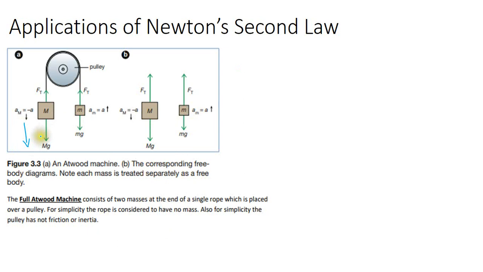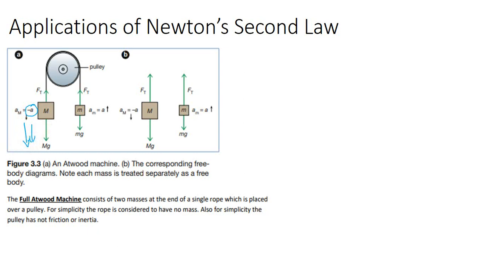Now, whenever we're talking about vectors, or acceleration, if you're going downwards, then that is basically saying you're going in a negative direction. So in this event, our acceleration is going to be negative because it's going downwards.